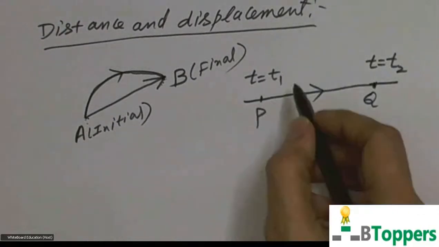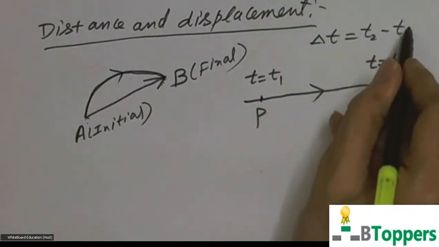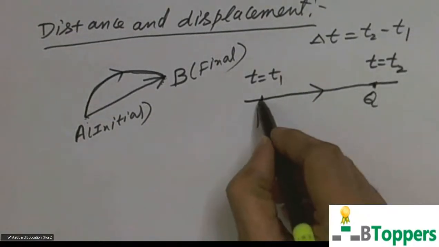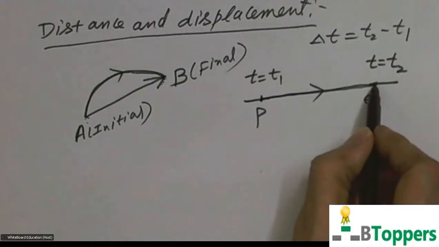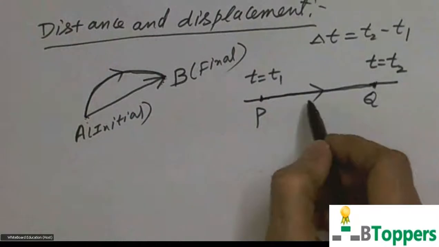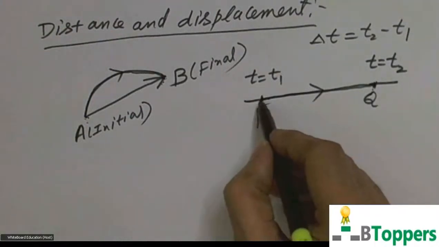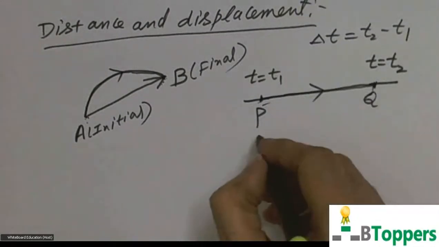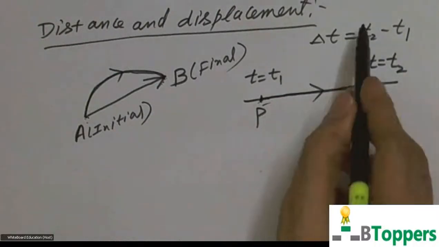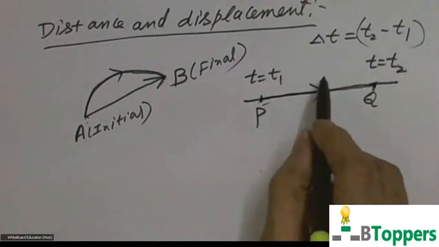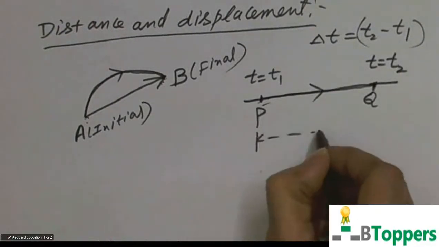In this case, the distance covered by the particle during the time interval delta t equal to t2 minus t1 is equal to the length of the straight line path from P to Q. If there is no change in the direction of its velocity when the particle moves from P to Q, even the magnitude of displacement of the particle in the time interval delta t equal to t2 minus t1 is also equal to the length of the line PQ.